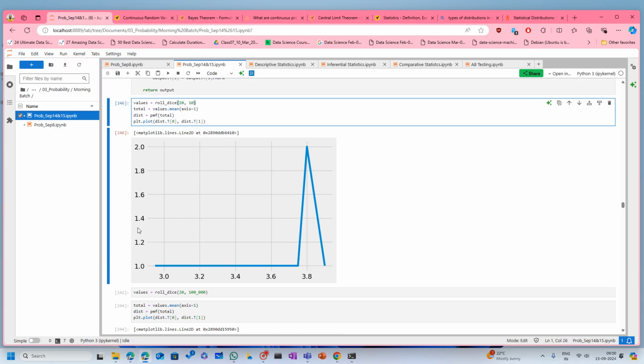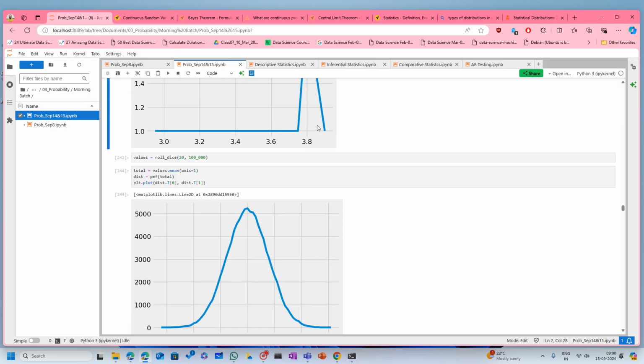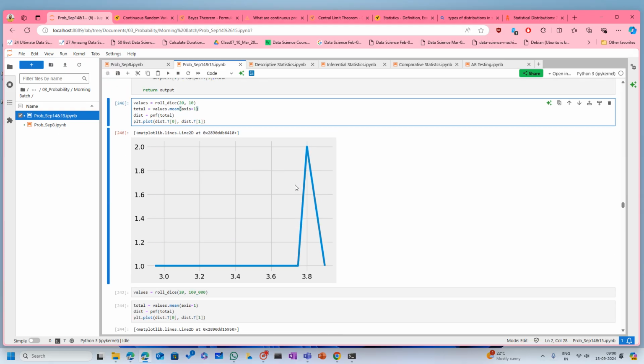The x-axis and y-axis are not correctly assigned, but don't worry about that. What we are trying to understand is that the probability is low, it is somewhere on the right side. That means we call it a right skewed distribution.